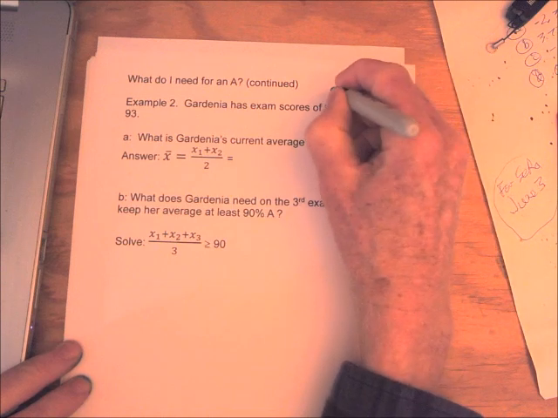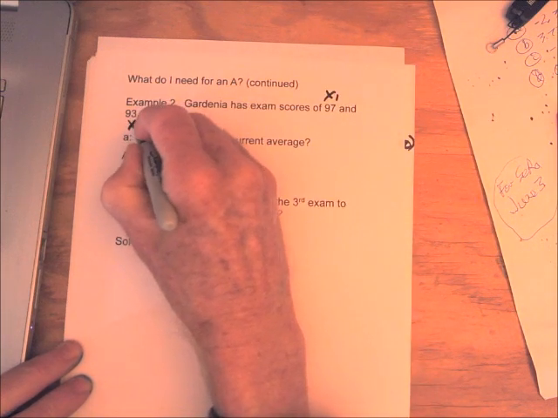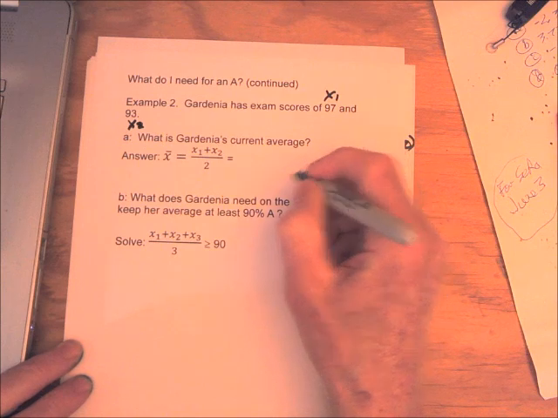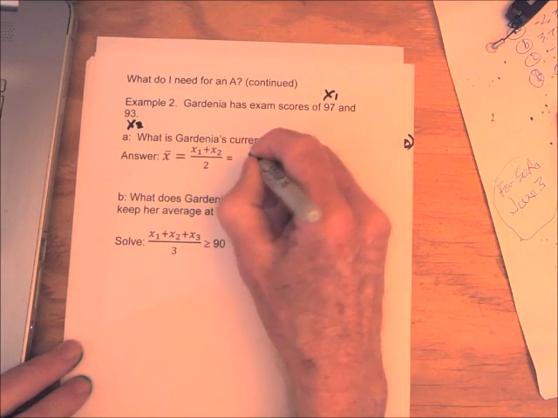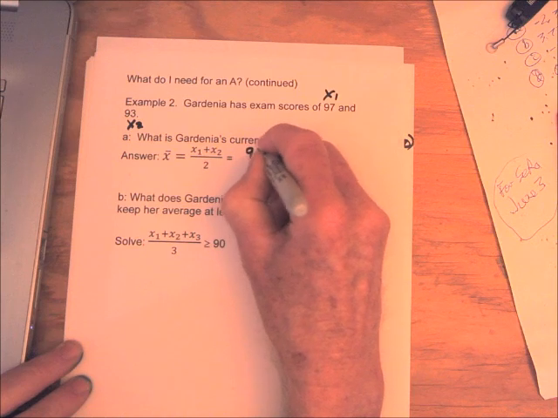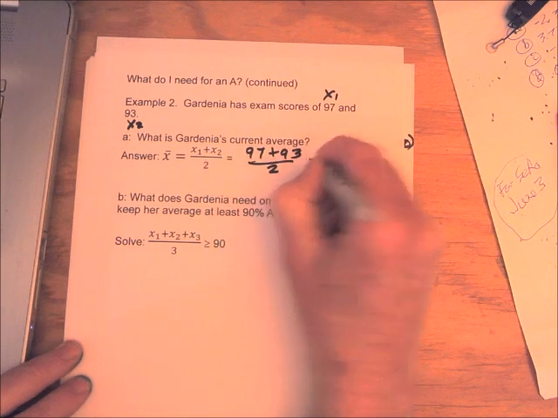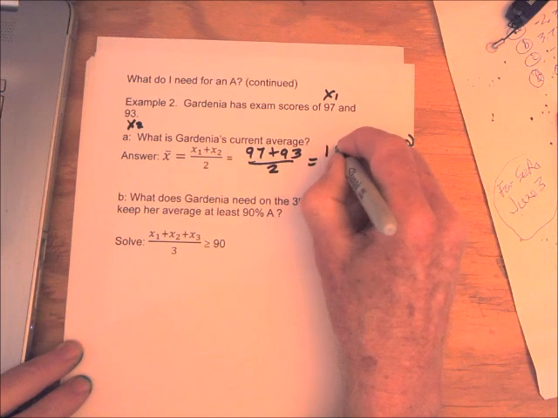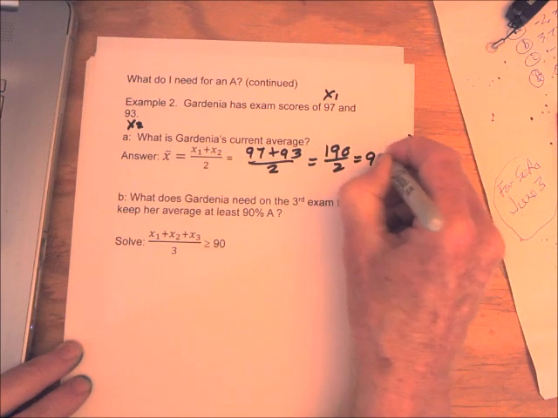X1 is 97, X2 is 93. The average of the first 2 exams, X1 plus X2 over 2, would be 97 plus 93 over 2, 190 over 2, which would be 95.